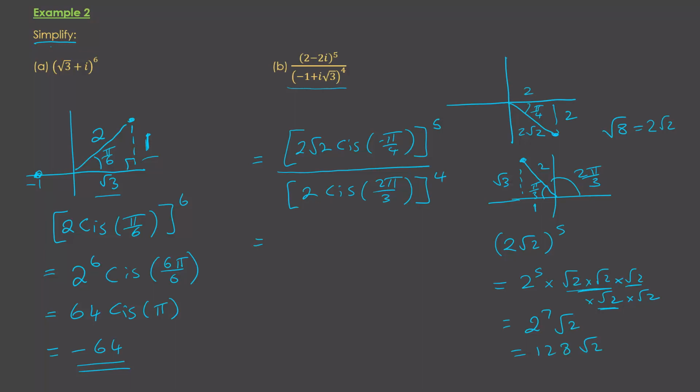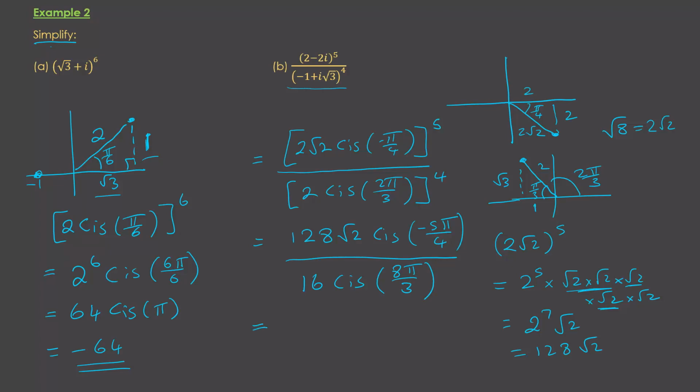So on the top, we've got 128 root 2 cis -5 pi by 4. On the bottom, we have got 16 cis 8 pi by 3.